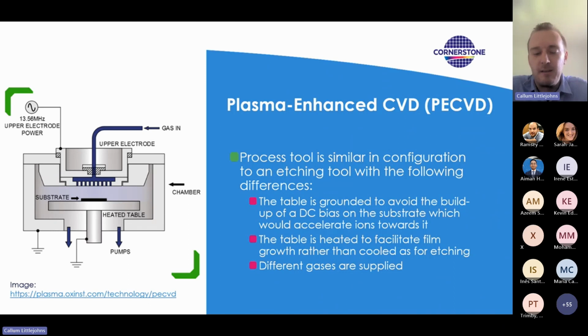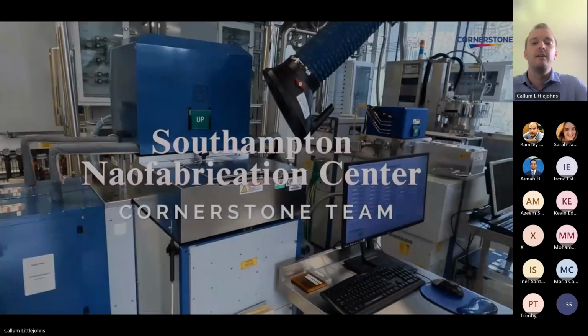The reason for that is that it prevents an accumulation of bias. We don't want to accelerate high energy ions and etch away material in this case, so we ground it so it just naturally lets the film grow. And in the case of etching, we'd usually cool the table to prevent the resist burning, but with a deposition process, we'd heat the table to encourage the film growth.